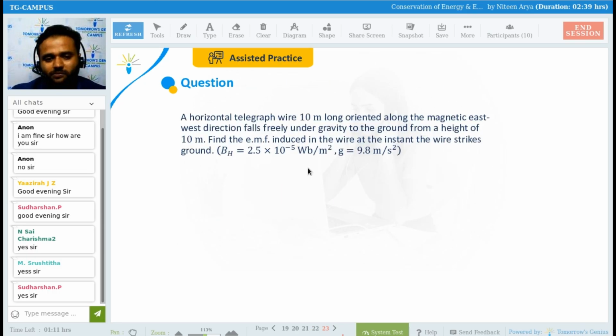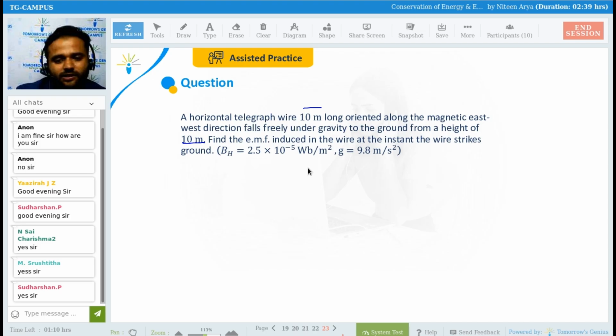After that much, you get your first question. Do this, it is your assisted practice. I'll explain what is happening here. A horizontal telegraph wire of given length in meters, oriented along a magnetic east-west direction, falls freely under gravity from a height of 10 meters.